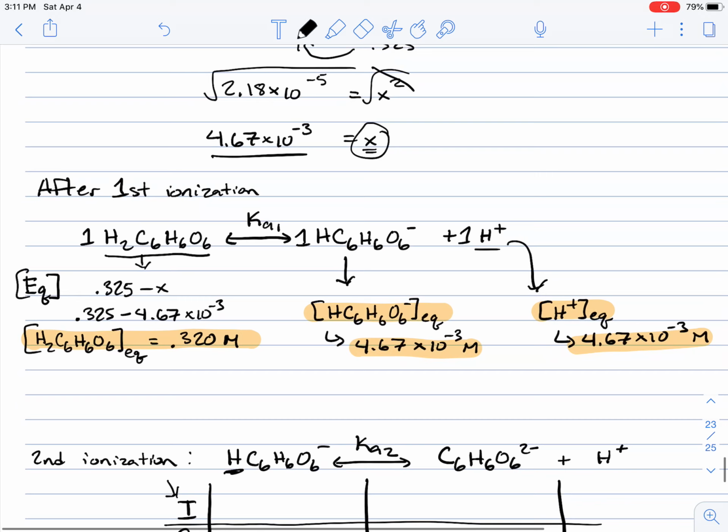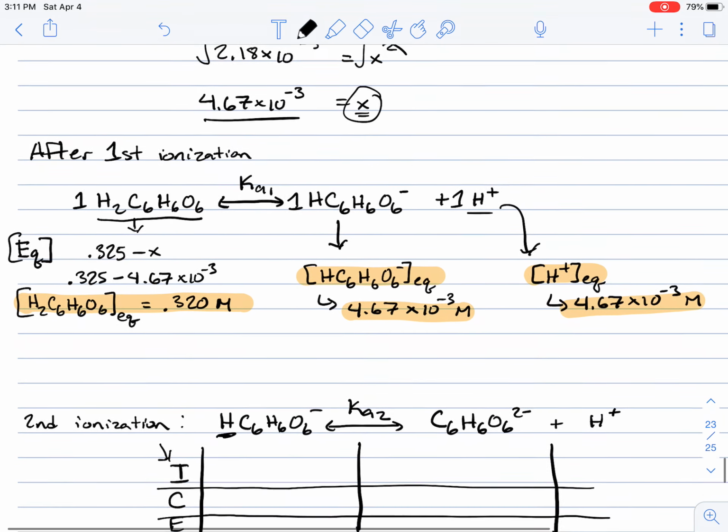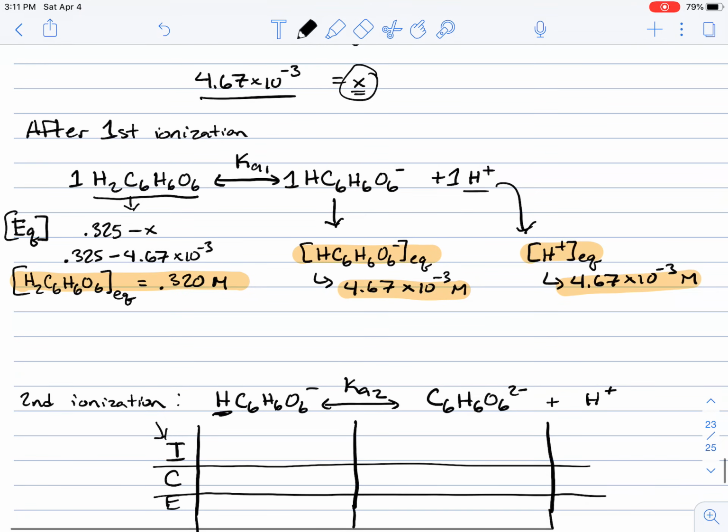At some moment in time, the first equilibrium has been reached, and this value, 4.67 times 10 to the negative 3 molar, represents the equilibrium concentration of the conjugate base of ascorbic acid.